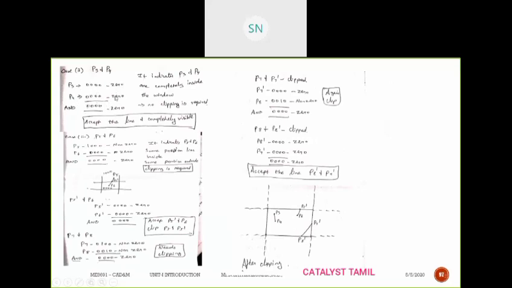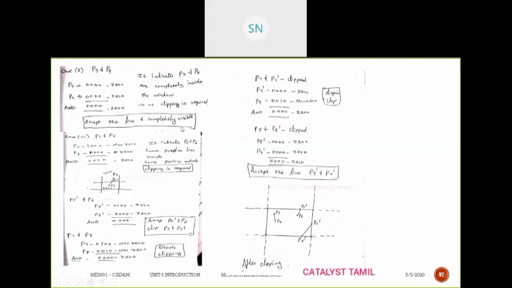It is a completely zero term, so my answer is also a complete zero term, which indicates P3 and P4 are completely inside the window and no clipping is required. So we could accept the line directly and it is completely visible.